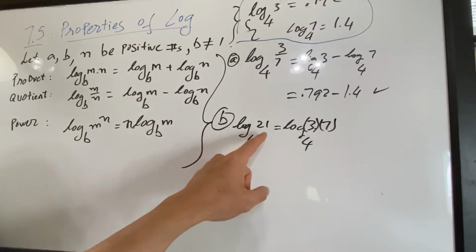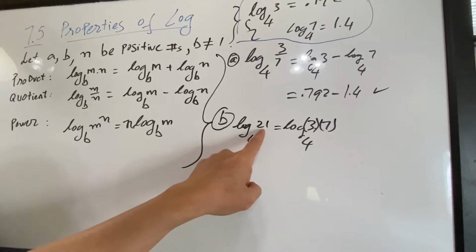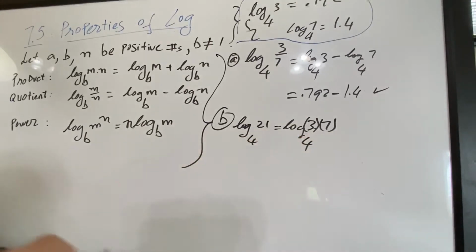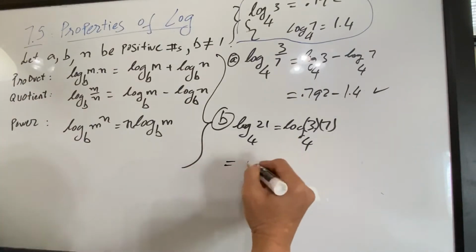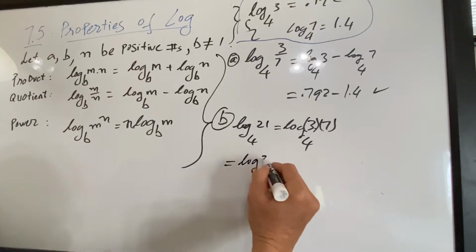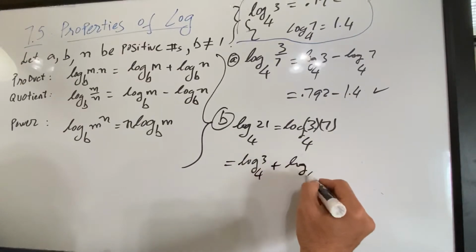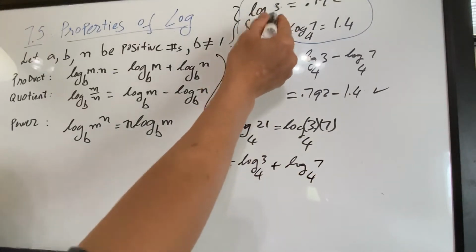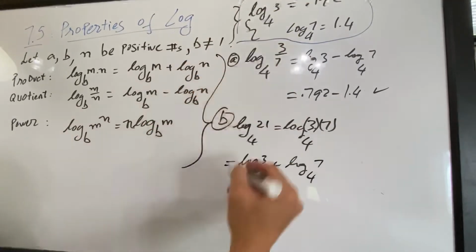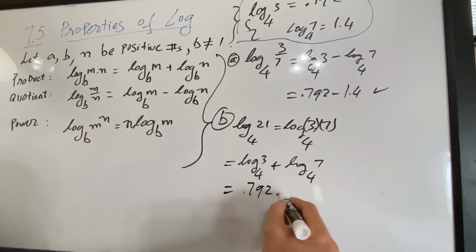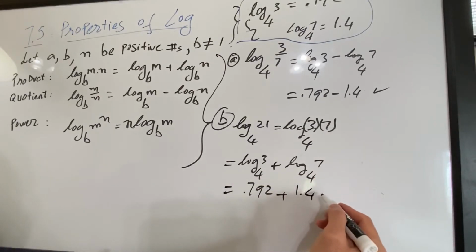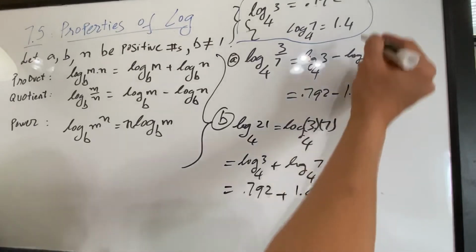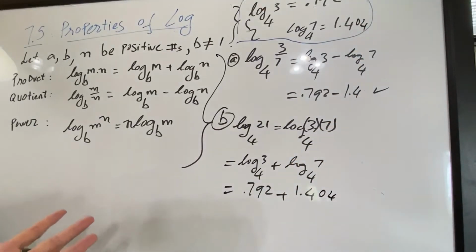Then how do I evaluate log base 4 of 21? I simply rewrite 21 as 3 times 7. And now using the product property, that is, look at this, log base 4 of 3 plus log base 4 of 7. Now you have everything. What is log base 4 of 3? That's right there, 0.792, plus, what is log base 4 of 7? That is 1.4. Give you another decimal, that would be 0.4. So you get the idea right there, okay?